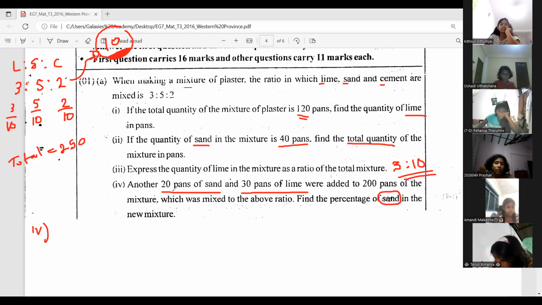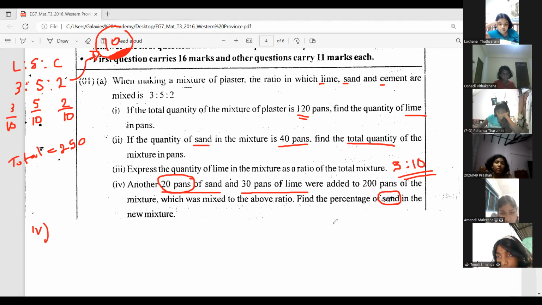The question asks percentage of sand, no? So new mixed 20 pans of sand. Also you have to check how many sand pans the early 200 total pans contained.